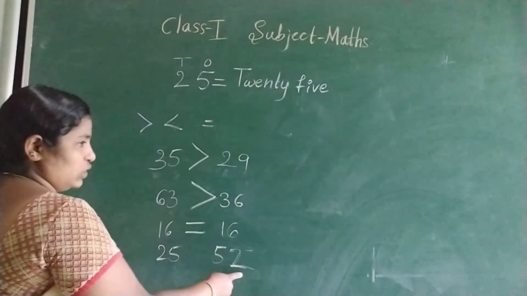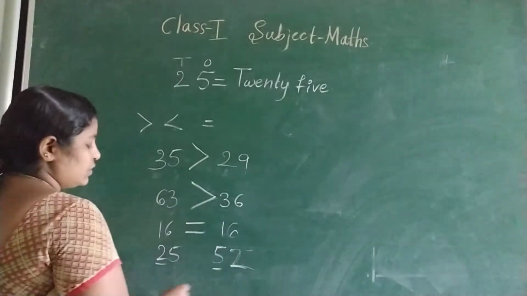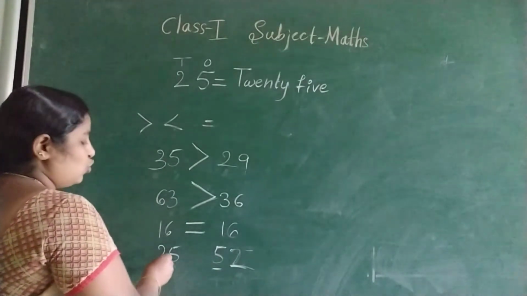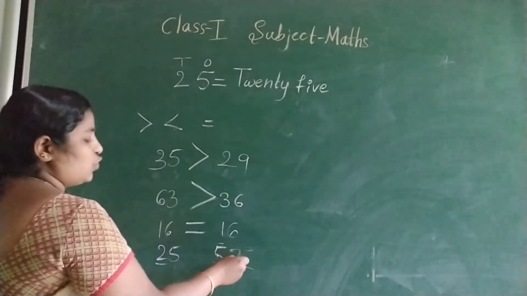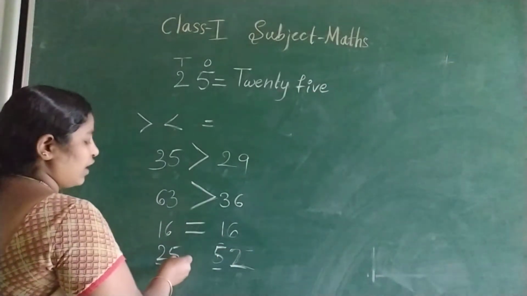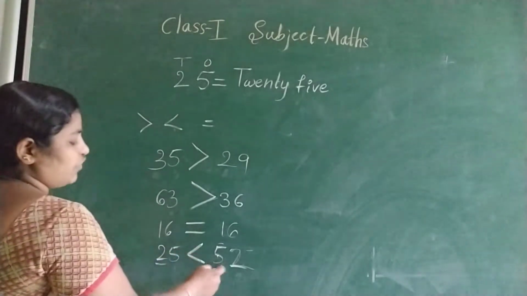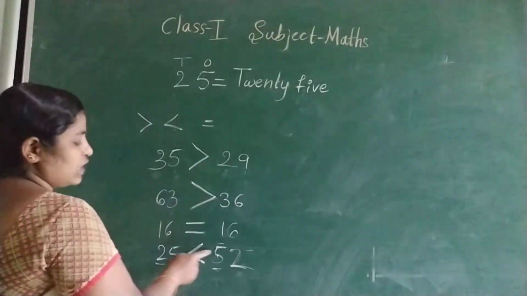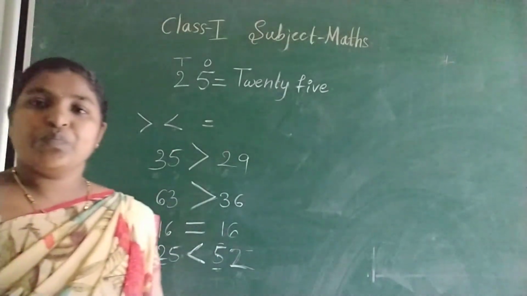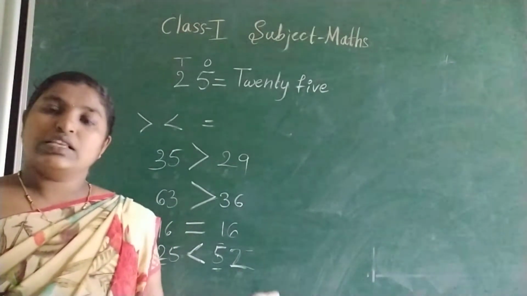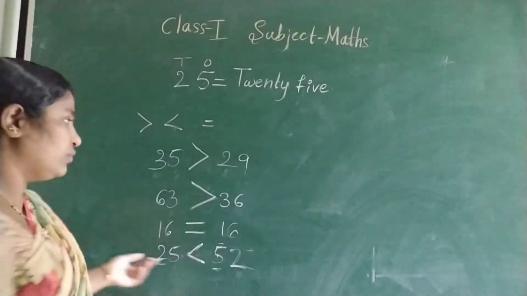Here 2 digit, 2 digit. See tens place. 2 and 5. Which is big? 5 is big. So 52 is greater than 25. So this side open, this side closed. This is how to write greater than, less than, equal to signs.